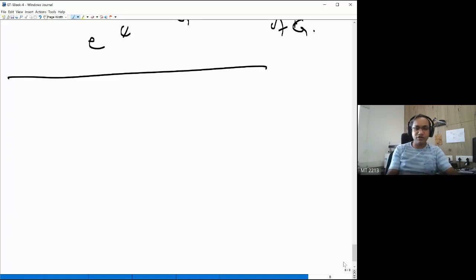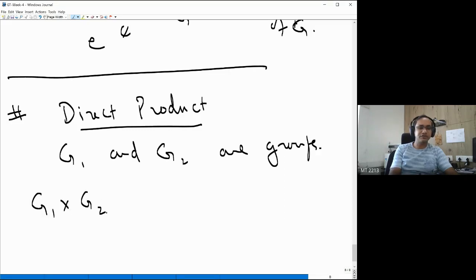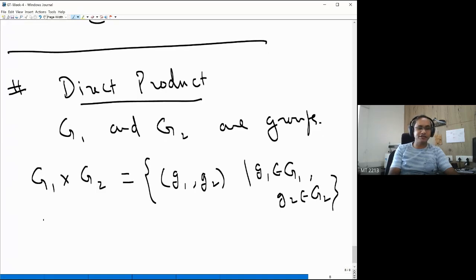One more way to produce examples is what is called taking the direct product. Suppose I am given two groups, G1 and G2. What I do is take the set G1 cross G2, the Cartesian product. So G1 cross G2 is by definition the elements (g1, g2) with g1 coming from G1 and g2 coming from G2. What is the multiplication here?